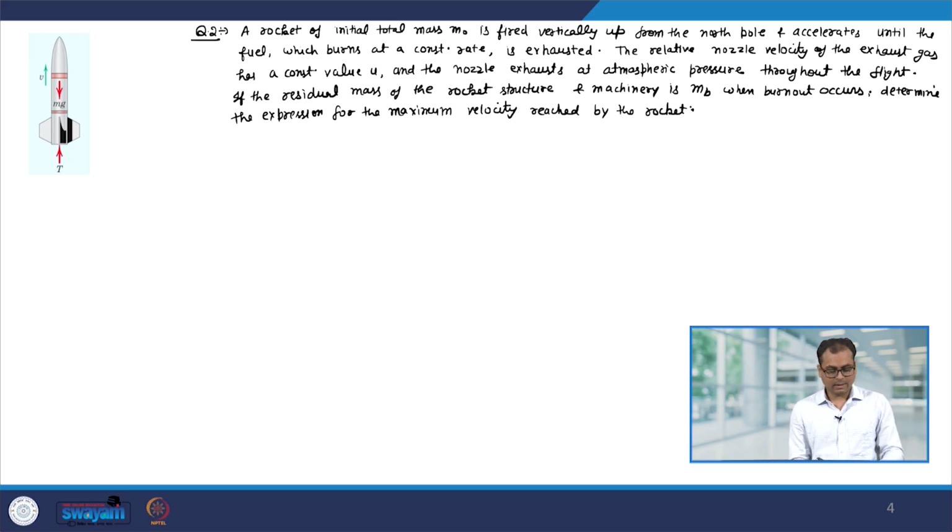It is given that we neglect the atmospheric resistance and the variation of gravity with altitude.